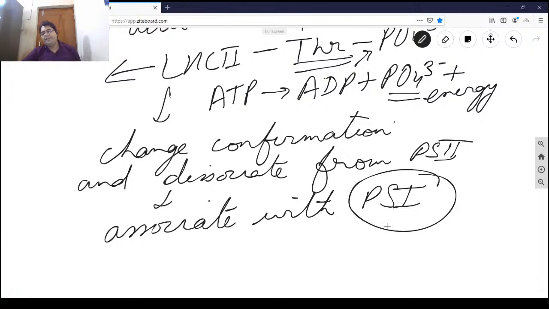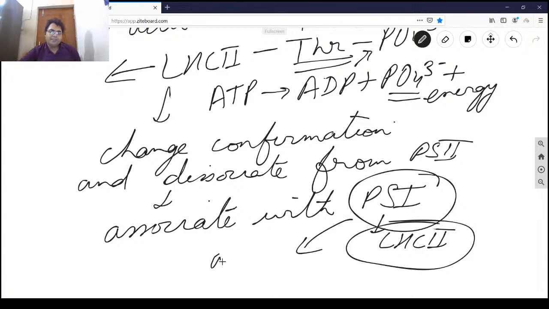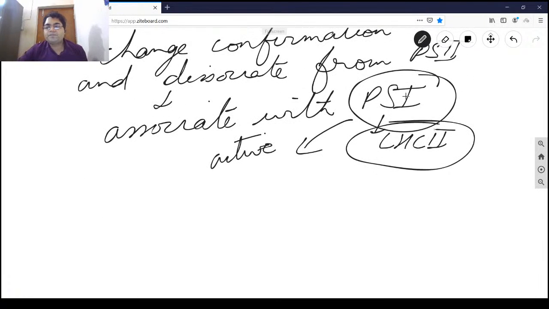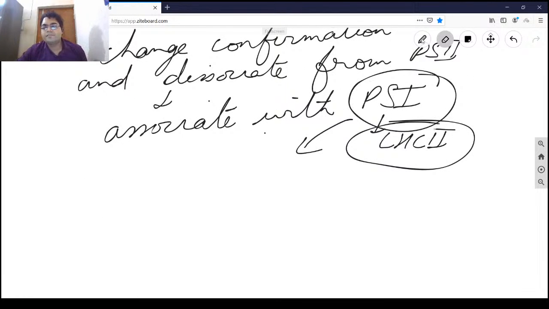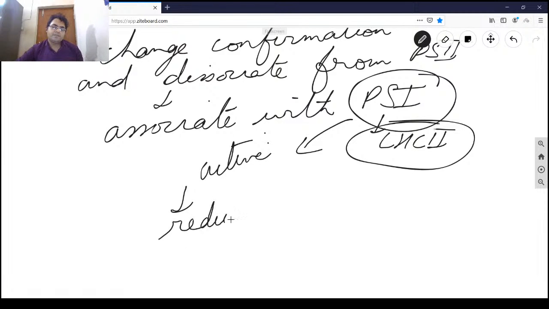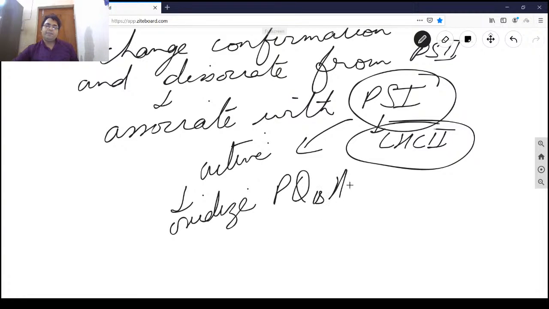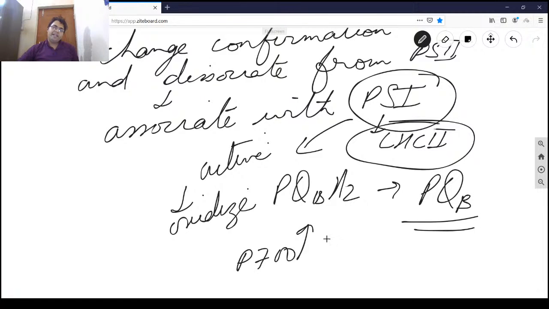When it associates with PS1, now PS1 is active, and it is able to oxidize PQH2 to PQ. It is able to now oxidize whatever PQH2 has been generated. That PQH2 will be converted to simple PQ, as P700 is now active in that PS1 pathway.